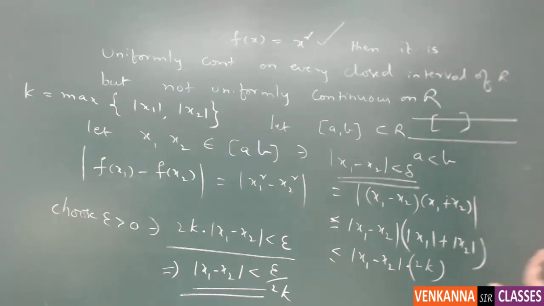So what is our meaning? That in the whole real number line, I am taking 2 points whose difference is less than delta. Then the corresponding difference between the images need not be less than epsilon. That I should do by means of an example. Okay.